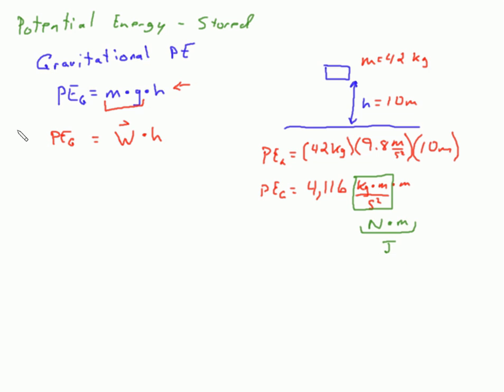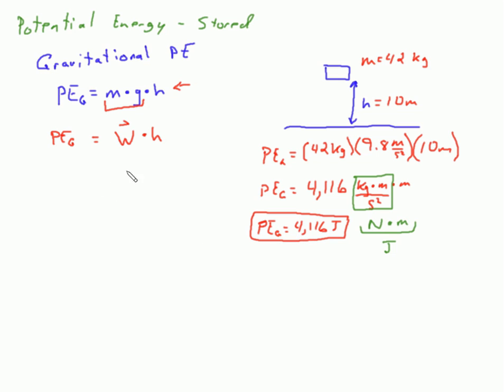So our gravitational potential energy of this box that was 10 meters above the ground is about 4,116 joules of stored energy that can cause change, right, within the gravitational field for that box.